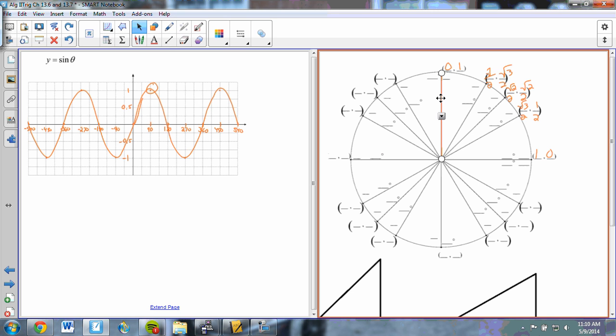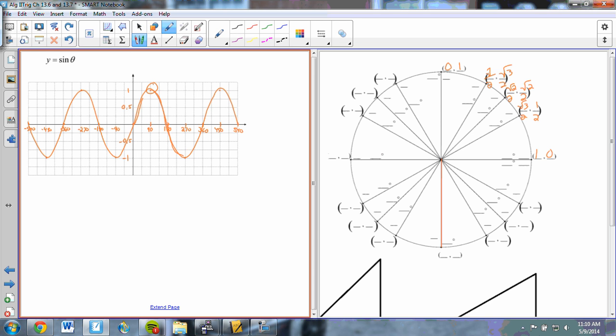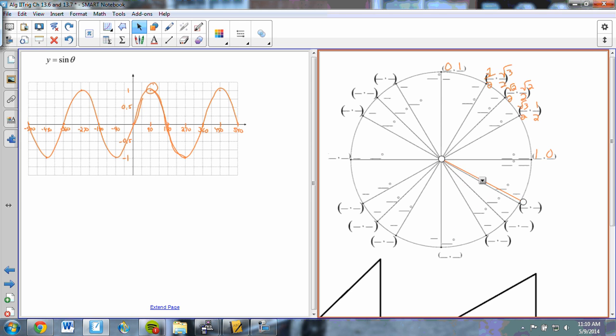Then theta is still increasing, but now the y value is going down. And the y value keeps going down until you get to 270. And that's what's happening here. And then it starts going back up, and it's just going to keep going up and down as theta increases. As theta increases, the angle keeps spinning, and so the graph keeps going up and down. That's why you have that repeating function, or why it's called a circular function. Because it repeats and because it comes from this graph here.